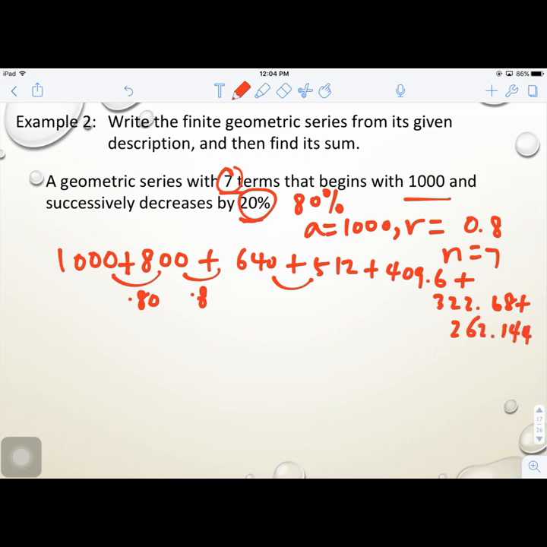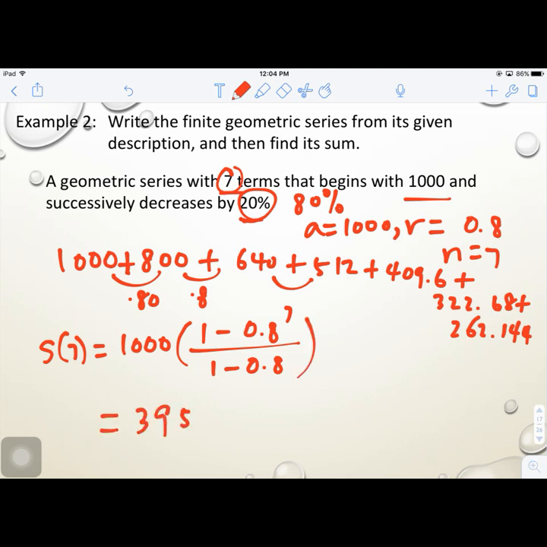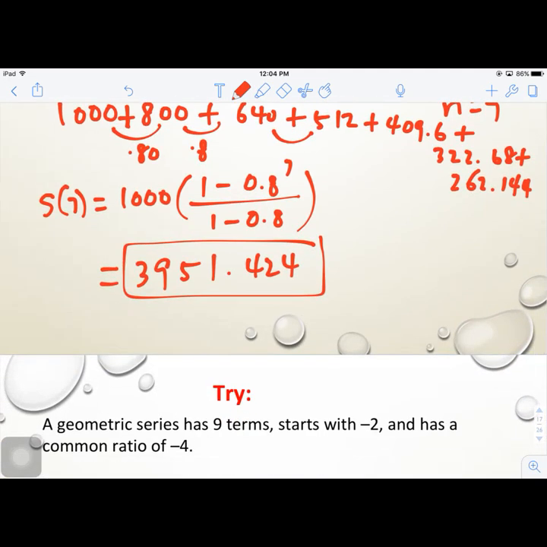That will be the 7 numbers. So we're going to find S of 7 using the formula that we have learned. And that will be 1 minus, the ratio 0.8 to the 7th power because we're looking for 7, over 1 minus 0.8. Again, using your calculator to help you, you should have a total of 3951.424 as the sum of that list of numbers. And that's the end of the problem.